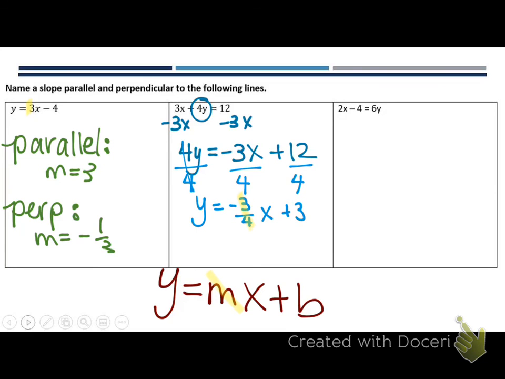Negative 3/4. So parallel to that is negative 3/4. So m equals negative 3/4. And then perpendicular will be opposite sign, which is positive, and then flipped, which is 4/3.